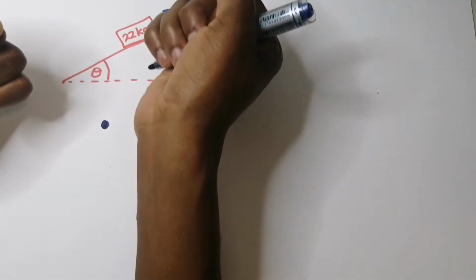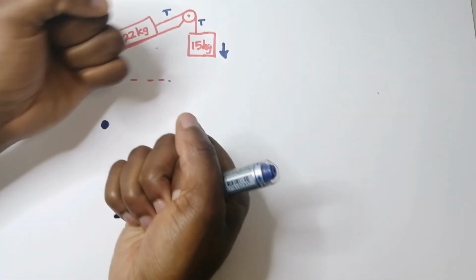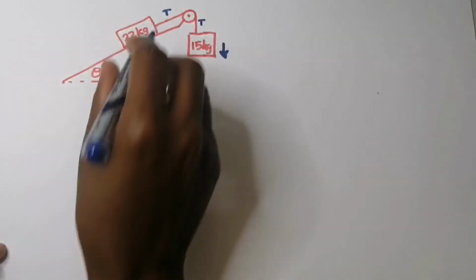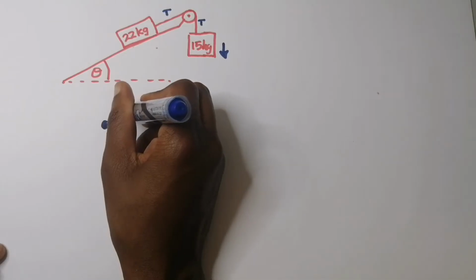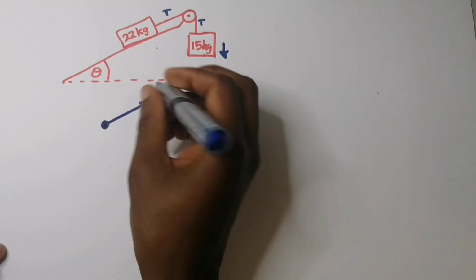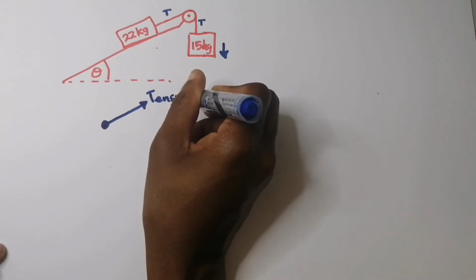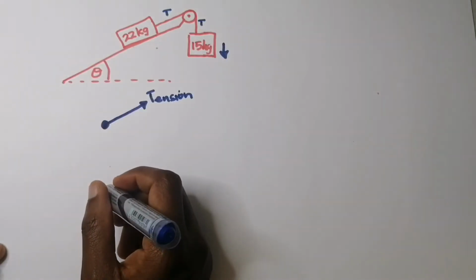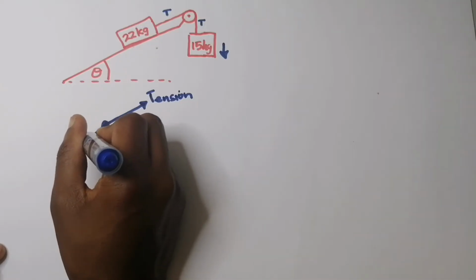Because the system is connected, as this one goes down, it's pulling the 22 kg in that direction. So the 22 kg would actually go up. Okay, so it's being pulled by the tension there. So I know that would be the tension, acting parallel to the incline. And then I also have frictional force that opposes motion, right?